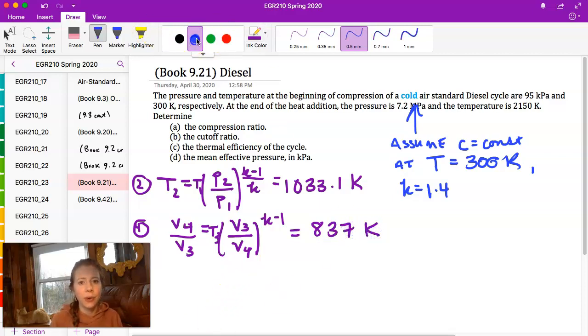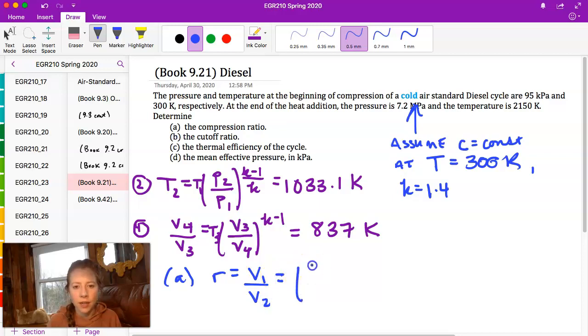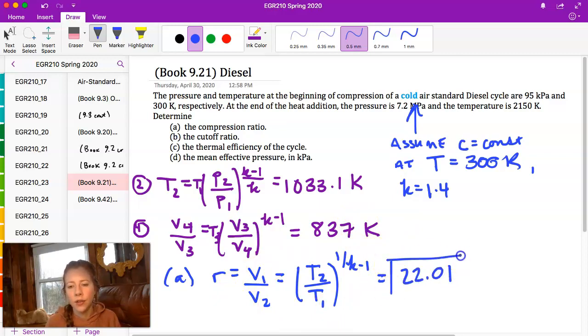All right, so now for part A, our ratio is going to be V1 over V2, which is going to be the same as (T2 over T1) to the 1 over k minus 1. And that's going to give us 22.01. All right, so that is a decrease in ratio compared to the first problem.